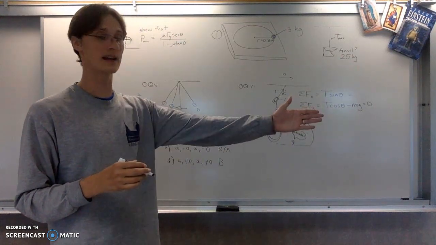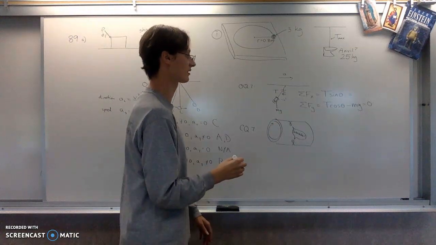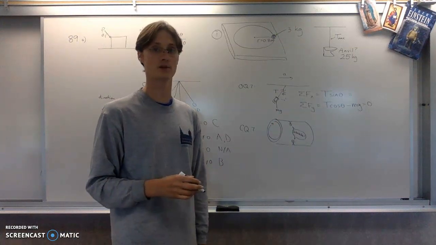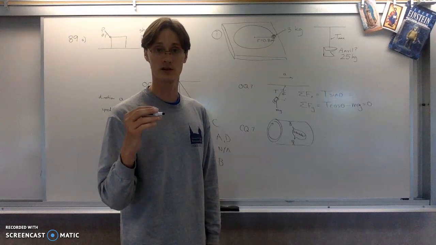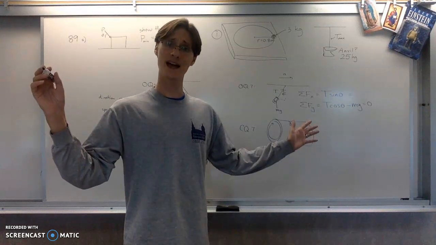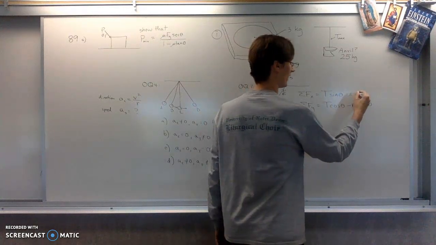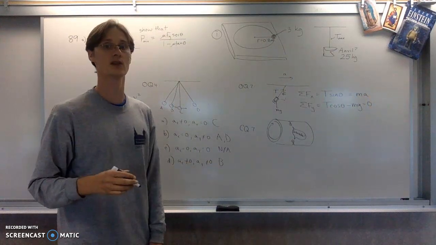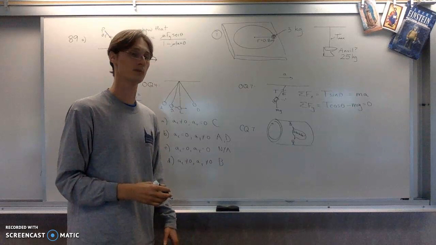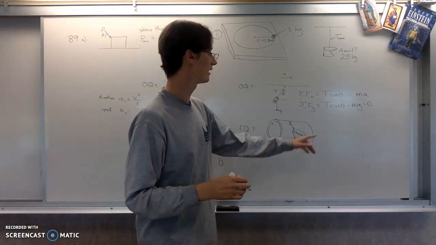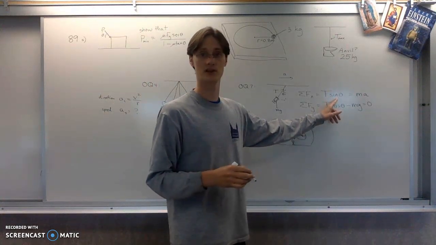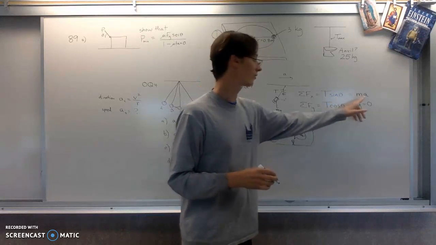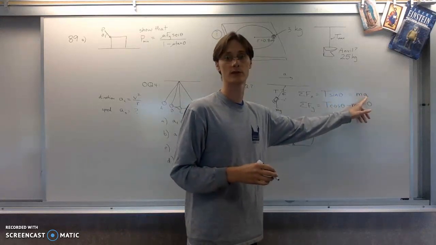If it's accelerating that way, then that means that the sum of the forces is not 0, but I should hear a chorus of MA! Yes, that would be correct. MA. Okay, so what that ends up giving you, if you put those two things together, is that the angle to which it swings out corresponds to the forwards acceleration.